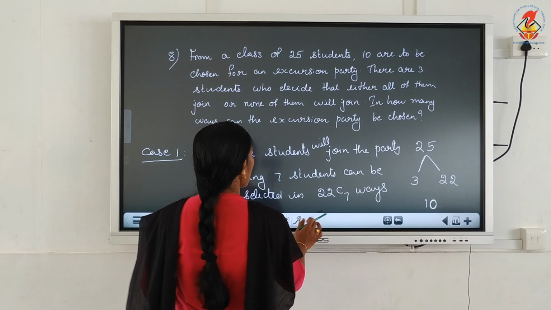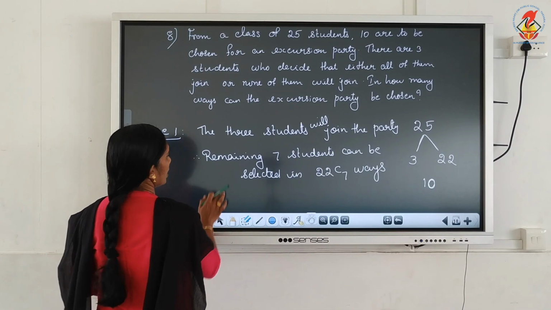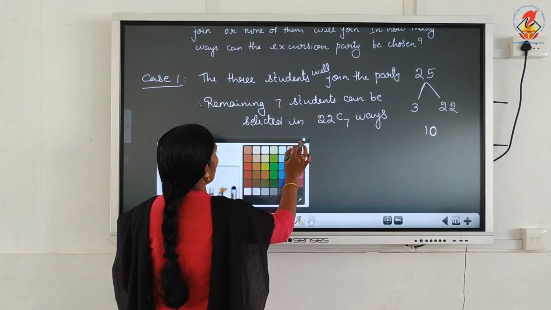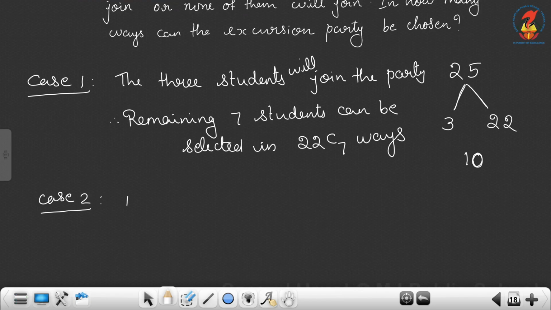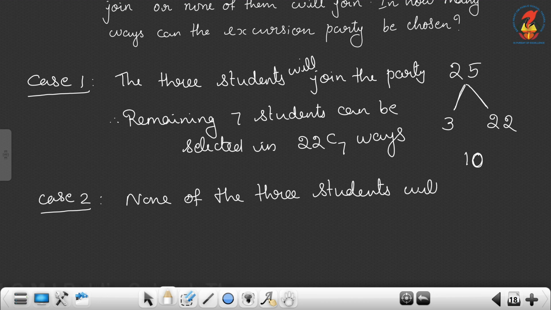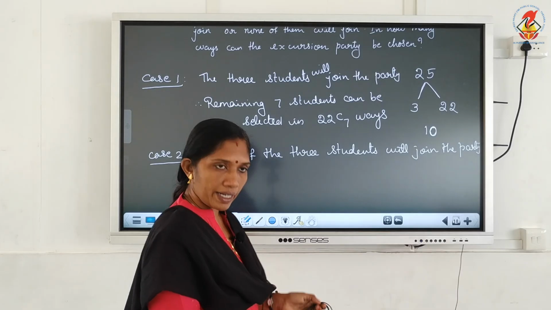Now the next case. Case 2. What is case 2? None of the 3 students will join the party. So we need 10 students.